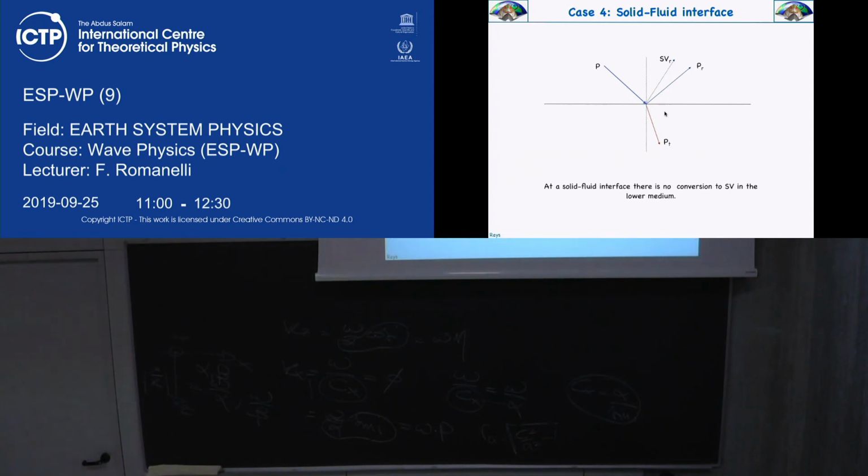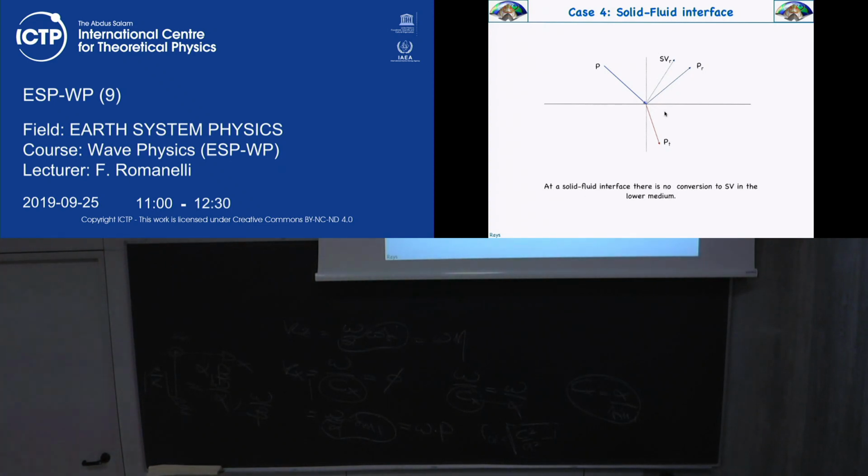So part of the energy will be reflected as S, but part of it, a tiny part, can become, from an SV, a P. So it will be a P wave that actually was an S wave in a solid, but now has become a P. And that was important because it has been used to discover the core-mantle boundary. And later, the interface between the outer core and the inner core, because the inner core is solid.